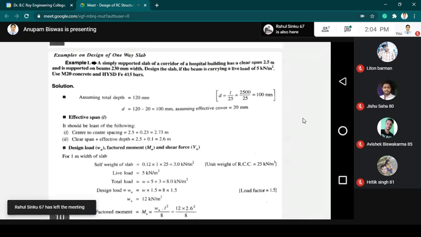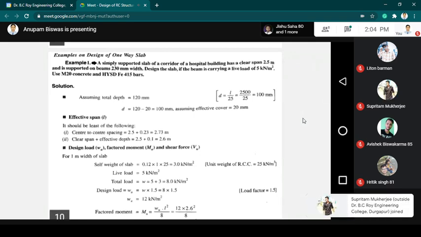The live load is given as 5 kilonewton per meter square, so the total load turns out to be 5 plus 3, 8 kilonewton per meter square.